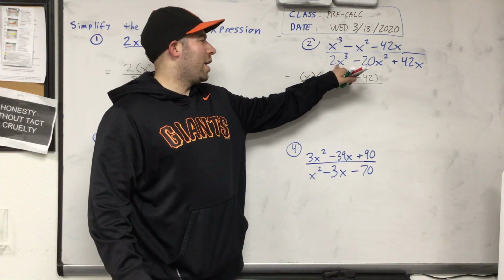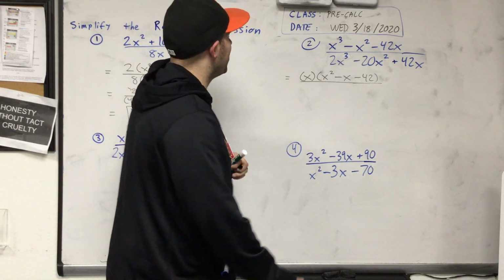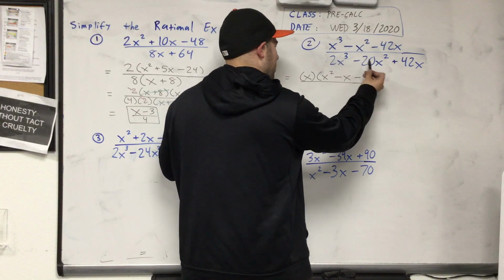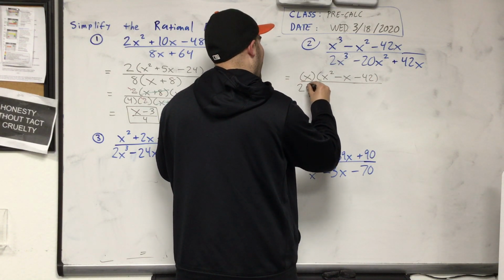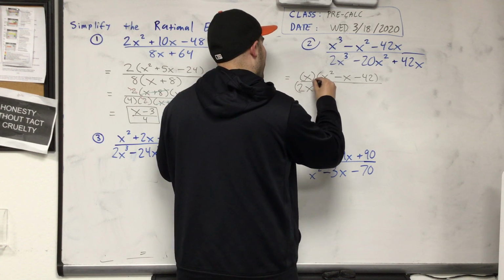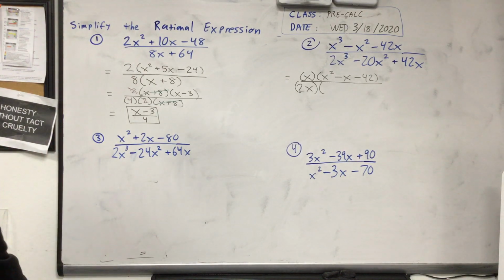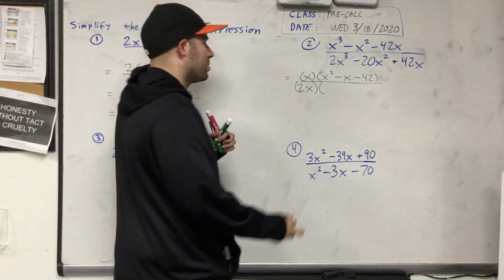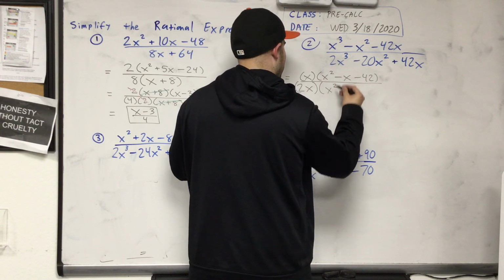Can I factor a number out of 2, 20, and 42? Yes. And another thing to note is they have x cubed, x squared, and x. So not only am I going to take out a 2, but I'm going to factor out 2x as well. So now let's factor out 2x from all three terms. 2x times x squared is 2x cubed.